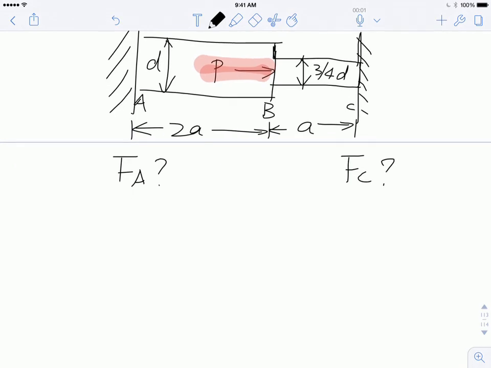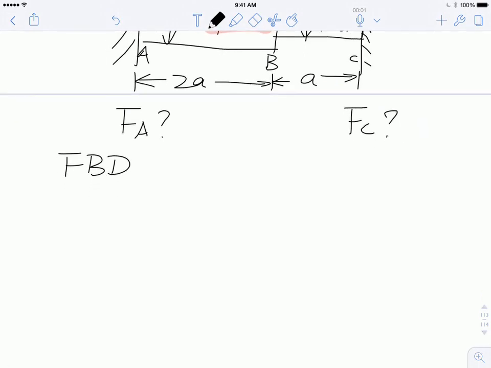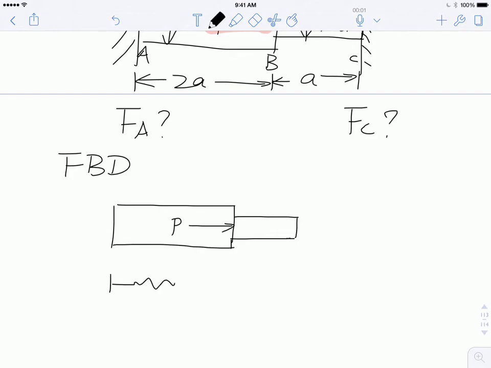First things first, free body diagram. This is fundamental to all the things we learn. We will have a section AB and a section BC. Here we have force P. Just like the 2-spring system we mentioned, one spring is under compression and the other is under tension.